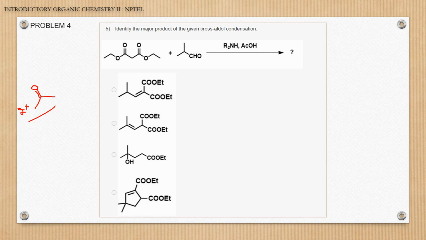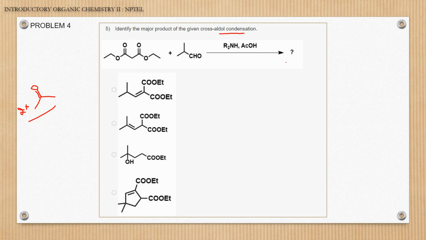But when you have different reacting species, instead of two molecules of acetone, you have one acetone and one acetophenone, then you will say that yes, it is a cross aldol condensation. So aldol condensation taking place between two different reacting species, we will call a cross aldol condensation. Now coming back to the question, they are telling you to identify the major product of the given reaction.